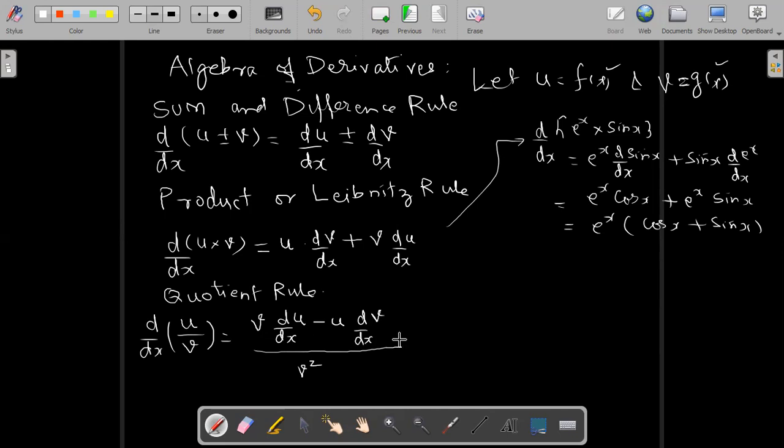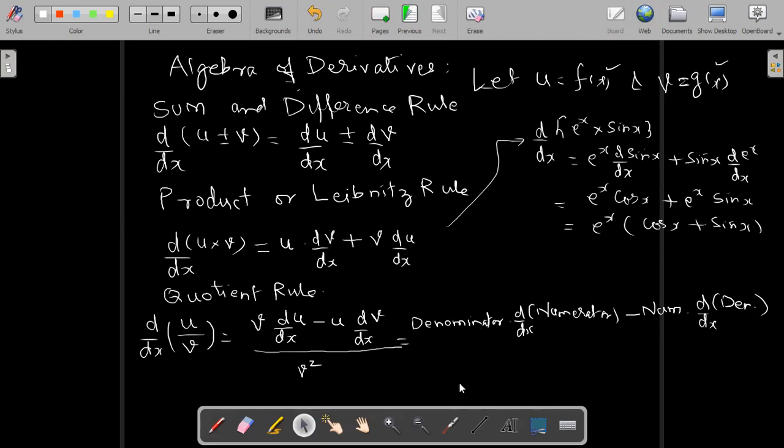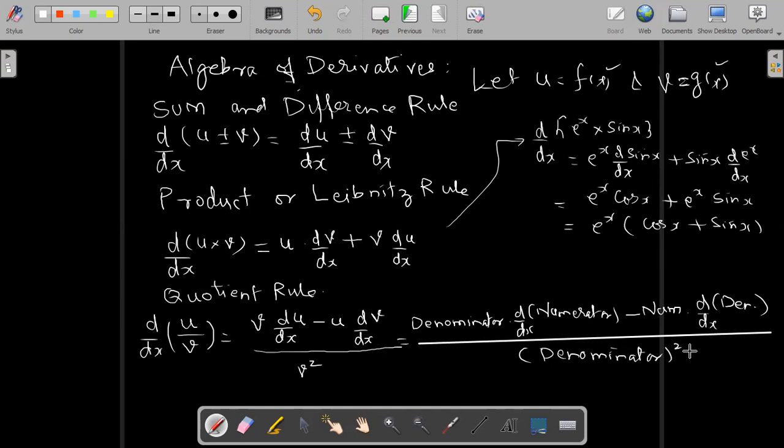For more understanding, you always first write the denominator, then d by dx of the numerator, minus the numerator and d by dx of the denominator, whole divided by the denominator's square.